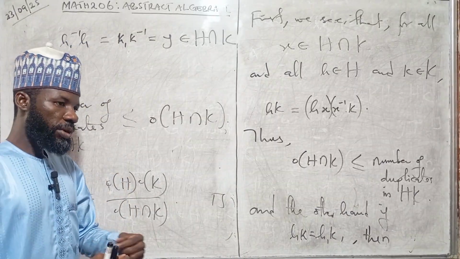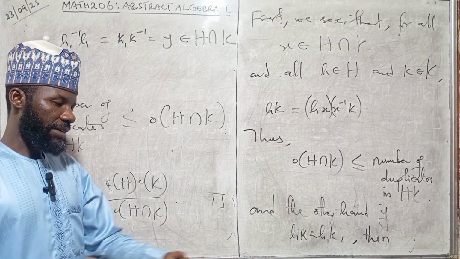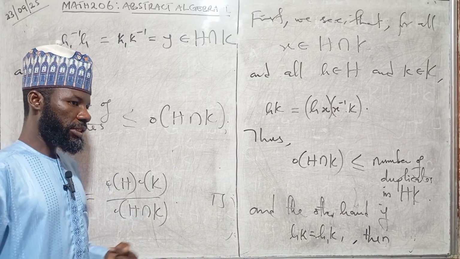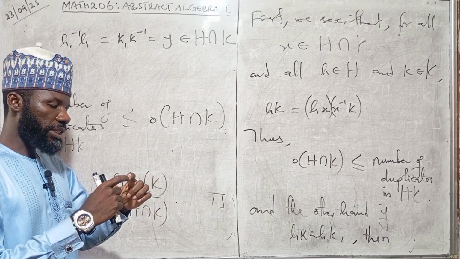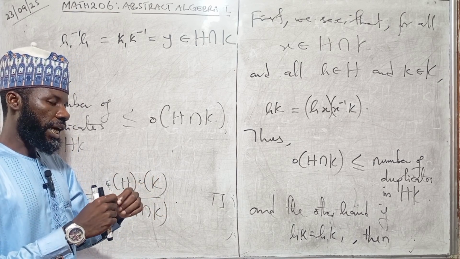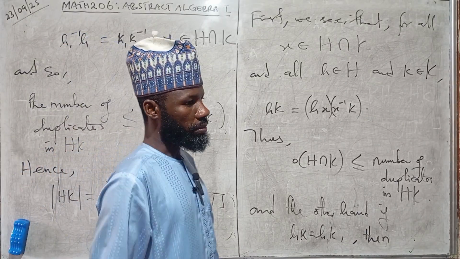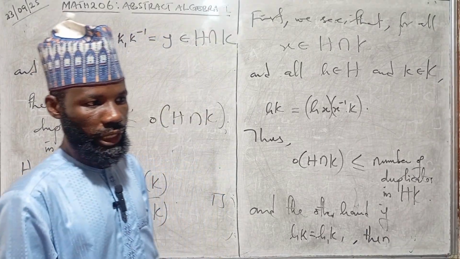So for some subgroups, left and right cosets are the same, with no distinction between them. Those are the kind of subgroups that we call normal subgroups, and they will form the topic of the discussion in our next lecture.